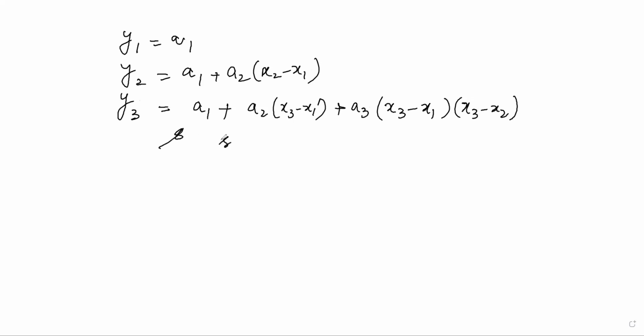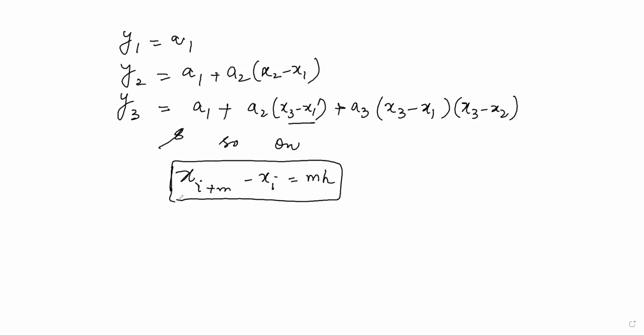Now we have just got an expression that x(m plus i) minus xi is equal to m times h.